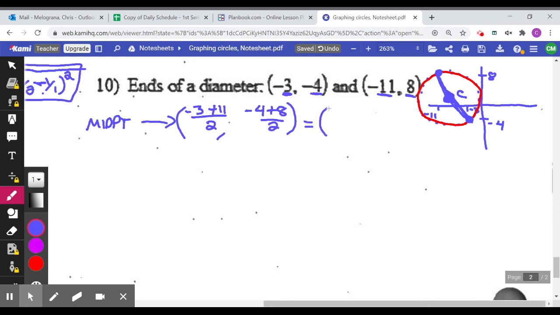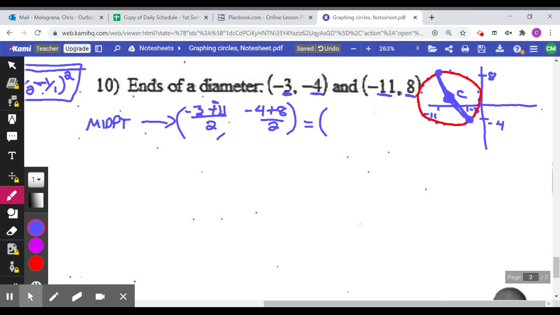So when we do this, let's see here, the -3 plus the 11 would give us what? 8. 8 divided by 2 would give us, oh, sorry, I forgot the -11 here. So this should be -11. All right, I forgot that right there.